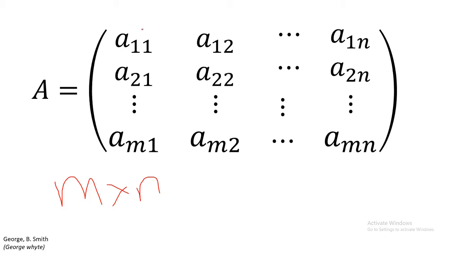This is A11, A12, A13. This is column 1, column 2 up until you have column n. This is row 1 and row 2 up until you have row m. So this is generally an m by n matrix. It has m rows and n columns, and here we assume that m and n are not equal.